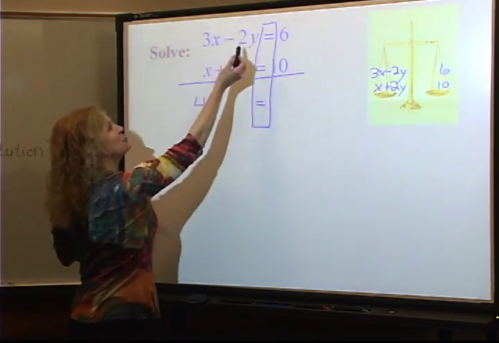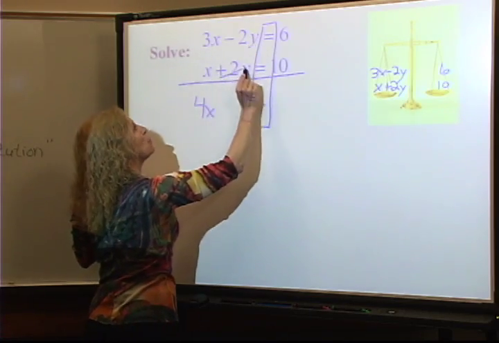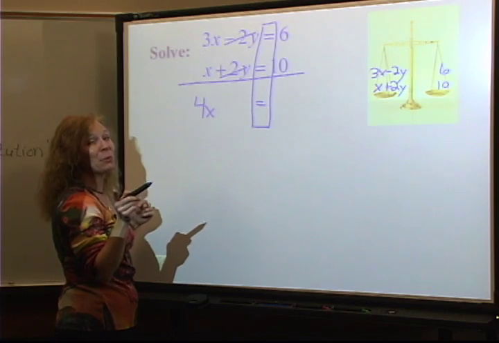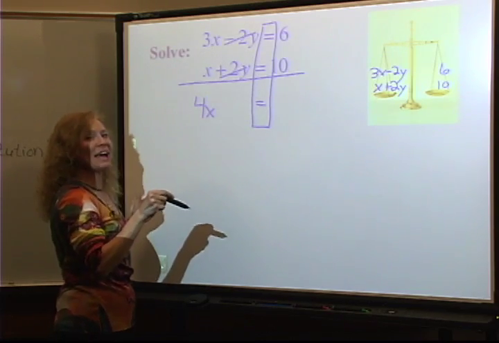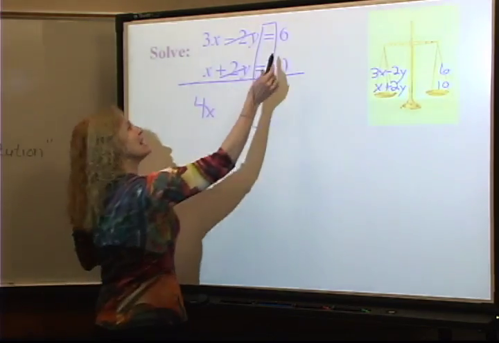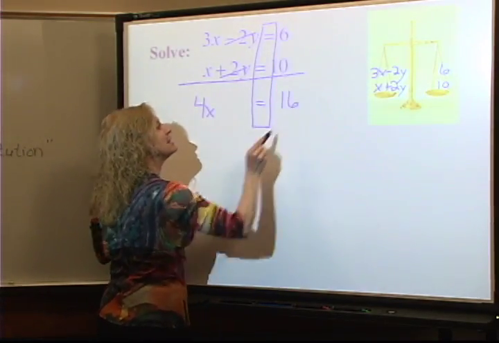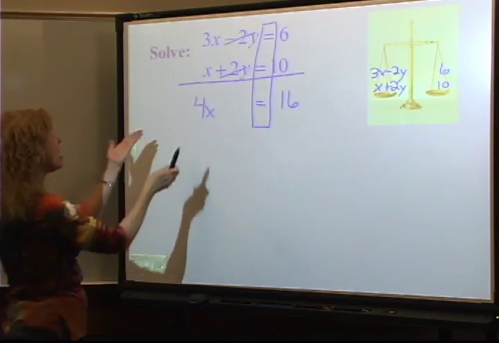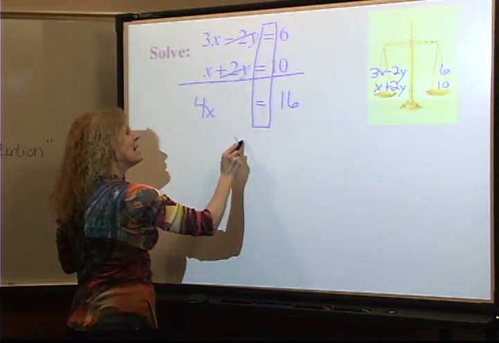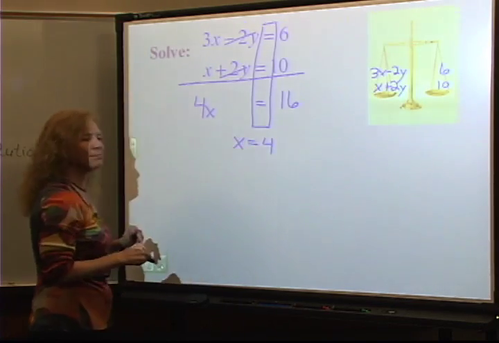And negative 2y plus 2y, they're gone. By the way, that's why this was a good option. Because then when I add over here, I get 16. And now I have this lovely, small, easy equation, and I know x is 4.